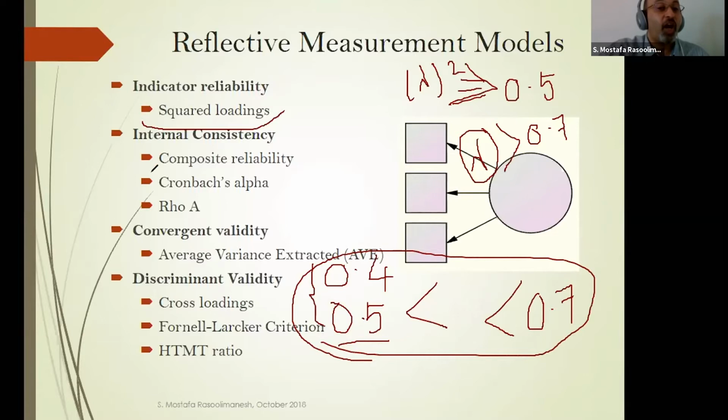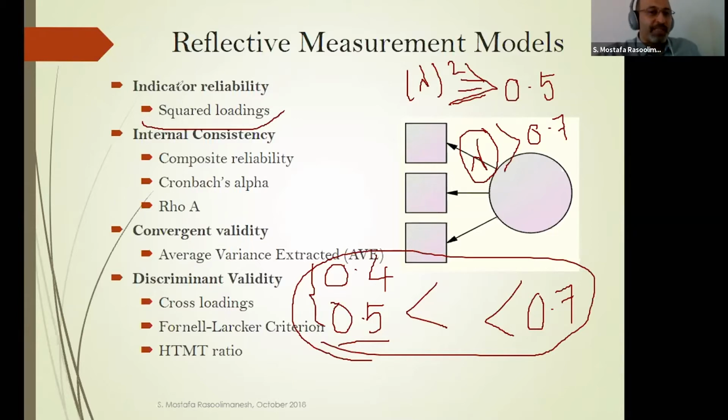But if other criteria cannot meet the threshold, the minimum value, we have to delete items with low loading until we reach the threshold.